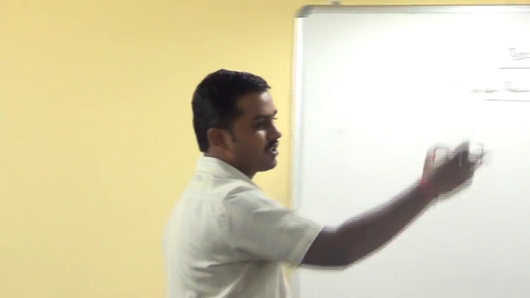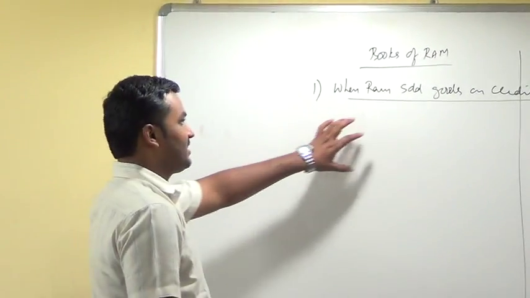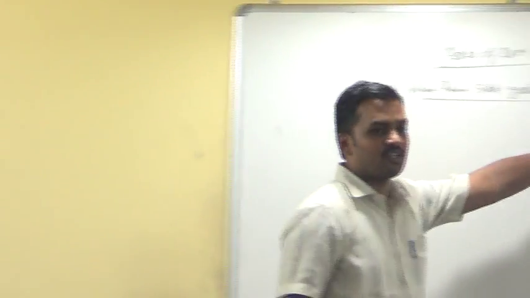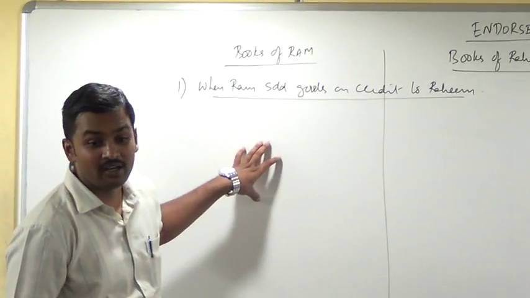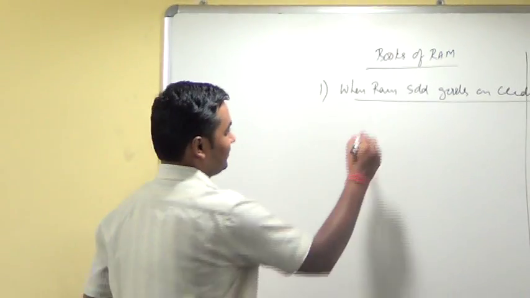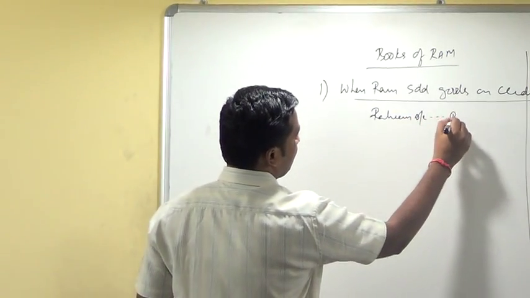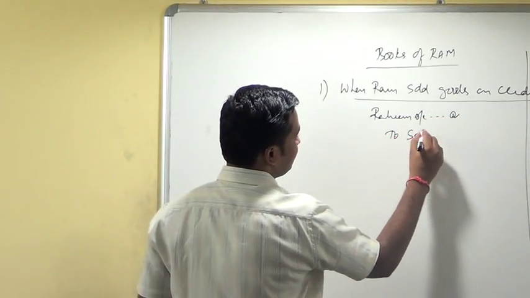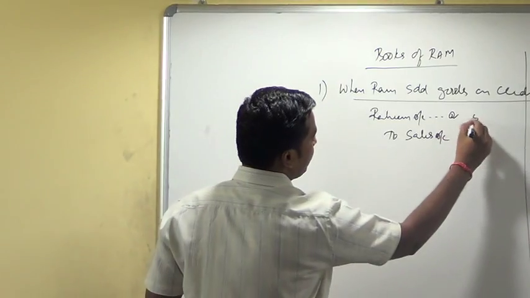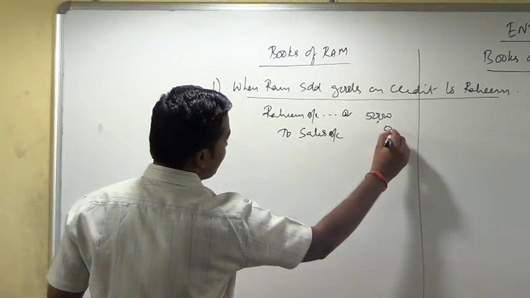So who is selling goods on credit to whom now? Ram. What is the entry in the books of Ram when he is selling goods on credit to Rahim? Rahim account debtor to sales account. How much? 50,000 rupees.